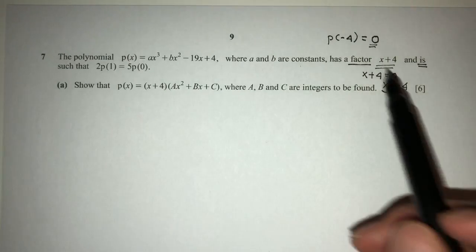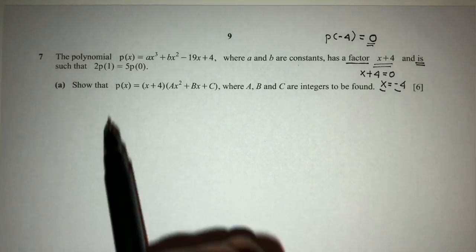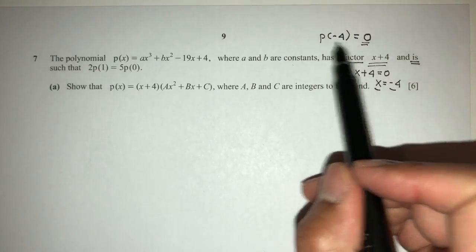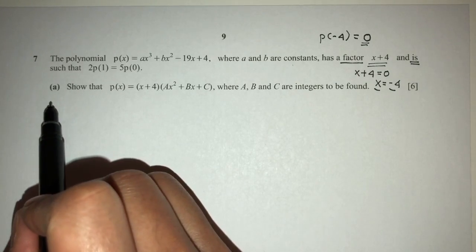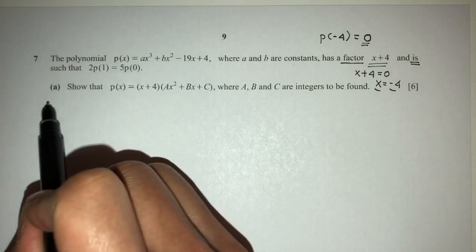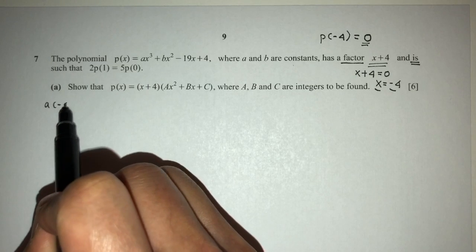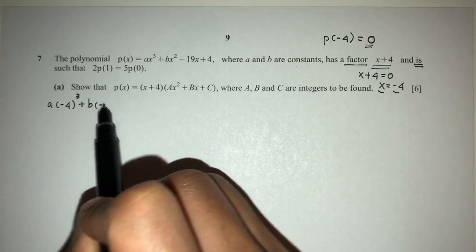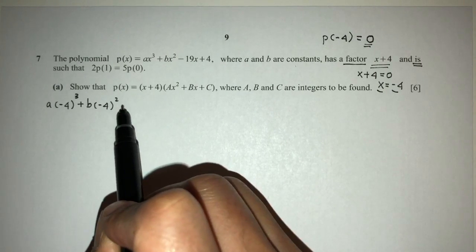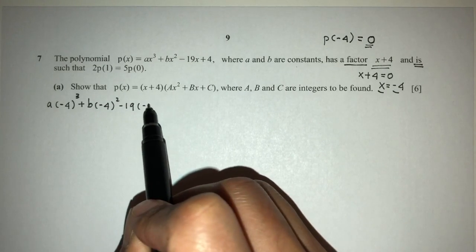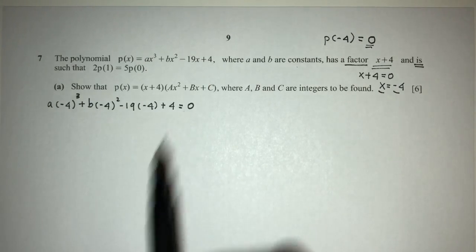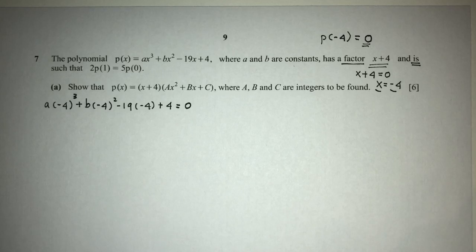So we have to use that information to show that this is true. So one by one, let's first write this down. So p of minus 4 is 0, so we have a times minus 4 cubed plus b times minus 4 squared minus 19 times minus 4 plus 4 has to give you 0 because it is a factor, which means the remainder will be 0.